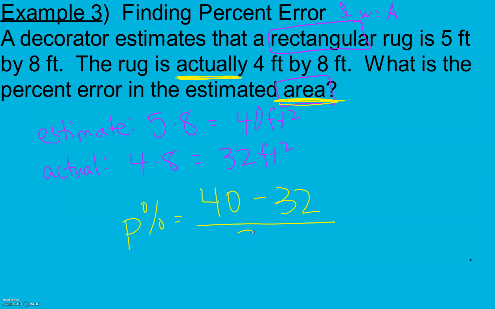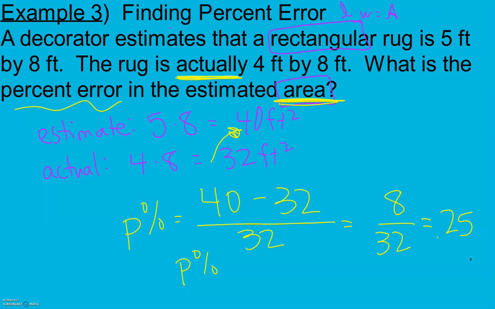That's its real amount and what it originally was before anybody ever estimated it to be 40 feet squared. We subtract here and get 8 over 32. When we divide, that's 0.25. So we're going to write this as a percent error. So again, I'm going to move my decimal 2 places or multiply by 100, either way, which gets rid of my percent sign. So P is going to be 25%.